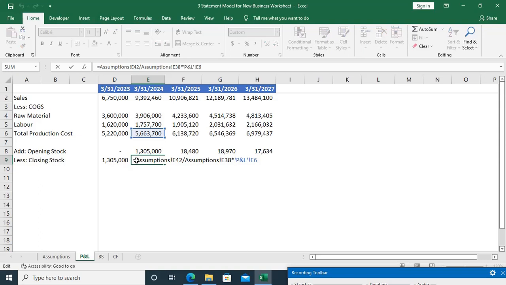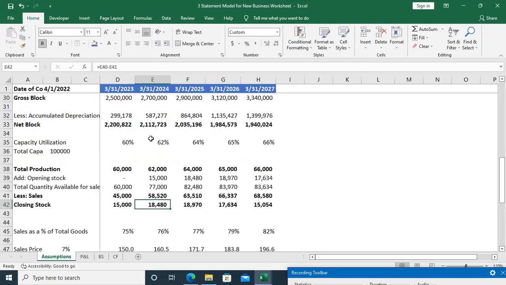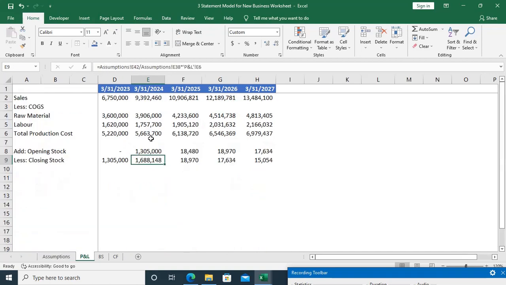Let us check. So now this has considered this figure, and if you would like to check what it has taken, it has taken this closing stock. You can check it, right? From PL, see, assumption it has taken E42 and assumption E38.